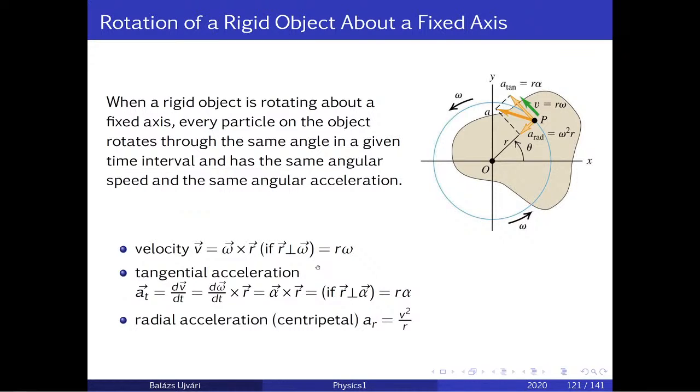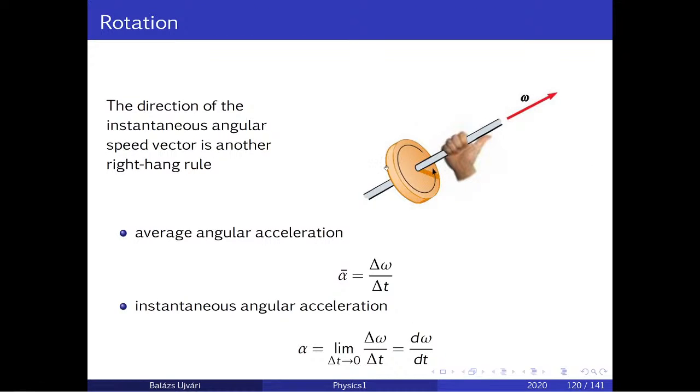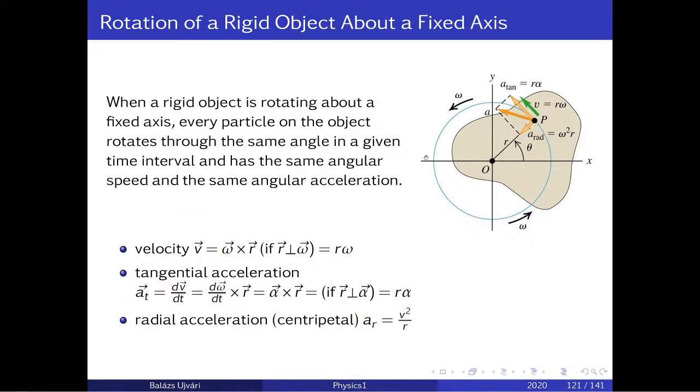Let's fix a few things. If we rotate a body in the plane of your monitor or phone, like this, coming back to the previous example, the angular velocity points to you, from the screen to you.